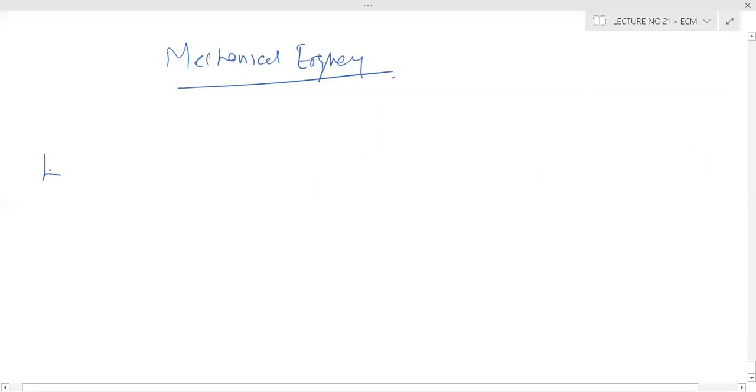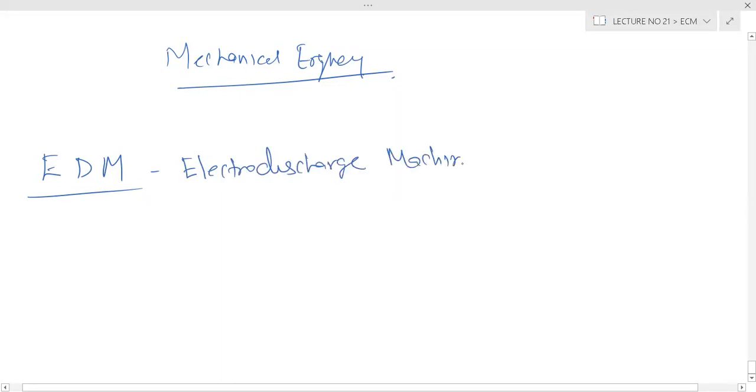Anyway, EDM, that is electro discharge machining. What is electrical discharge?